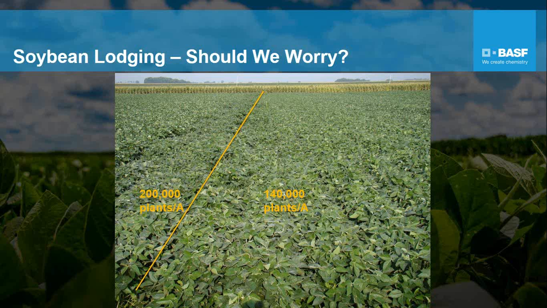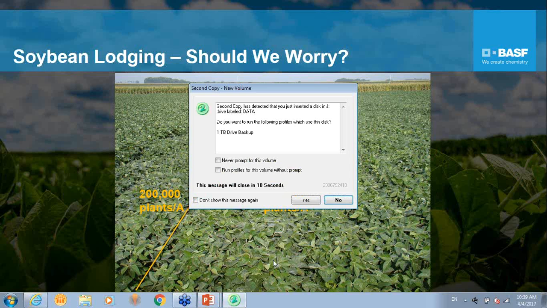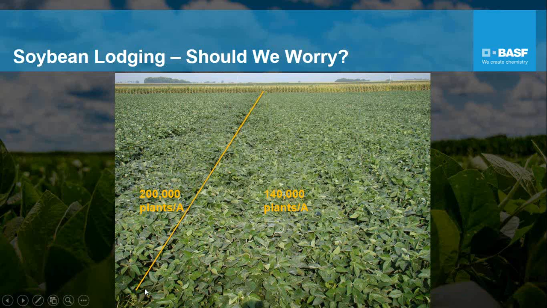Soybean lodging is something that we deal with pretty much on a yearly basis in Illinois, especially when you're in high yield management systems. Is that something we should worry about? I'm going to argue that it is. You can see here that we've got on the left hand side 200,000 plants per acre, and in that case on the left hand side of that yellow line, those soybeans are lodging compared to 140,000 plants per acre, in this case standing well.